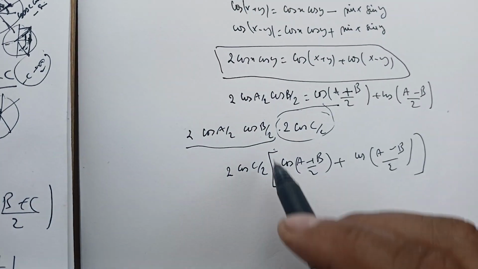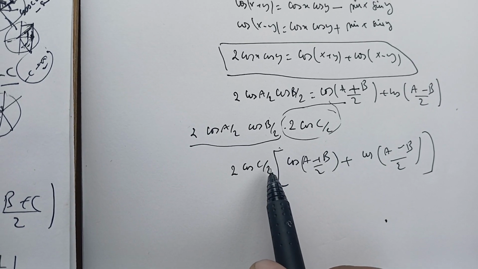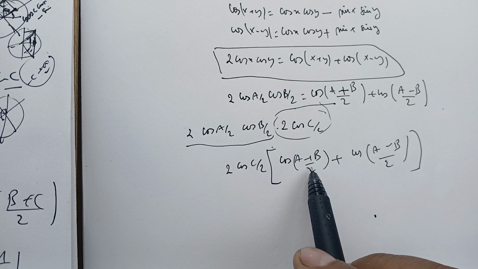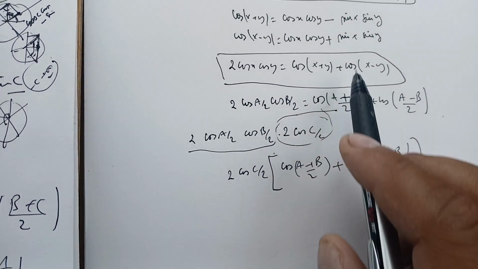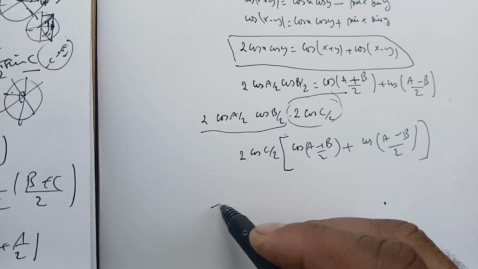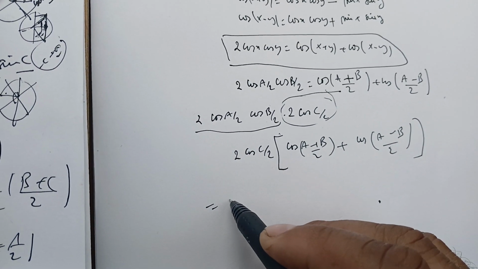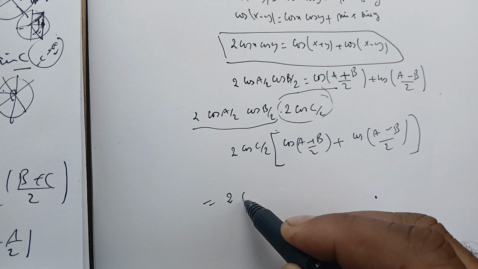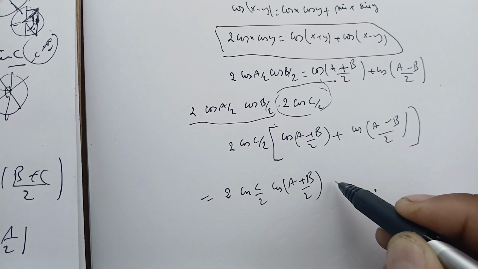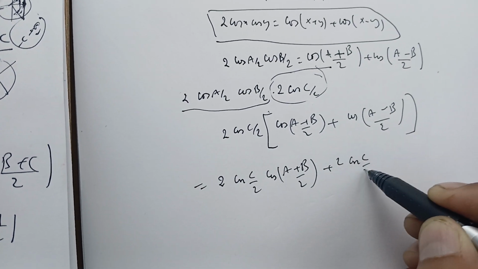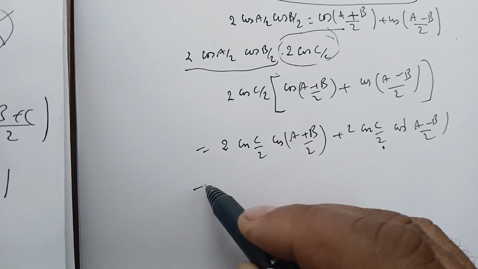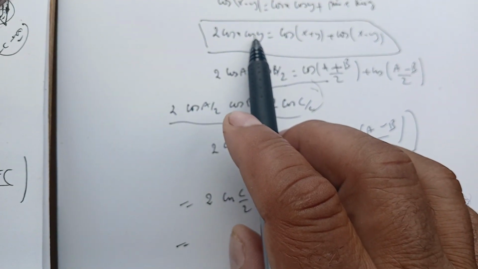Now we're gonna reapply this formula again with x as C over 2 and y as A plus B over 2 the first time, and the second time y is gonna be A minus B over 2. So here we have 2 cosine C over 2 cosine A plus B over 2 plus 2 cosine C over 2 cosine A minus B over 2. We use this formula again.